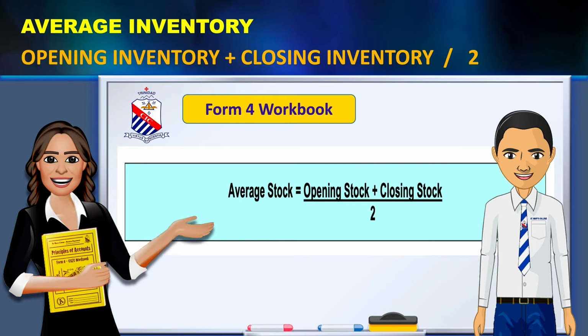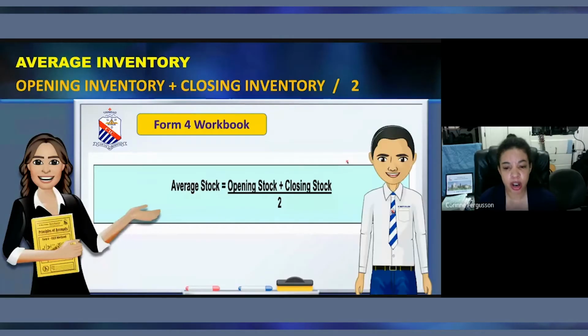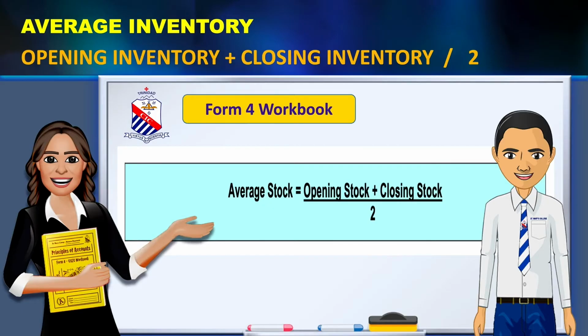Very simply, your average stock is your opening stock or opening inventory plus your closing inventory divided by 2. With averages, you divide by 2 because there are 2 items. And what are the 2 items? Opening inventory, closing inventory. Both of these figures you should get in your income statement.